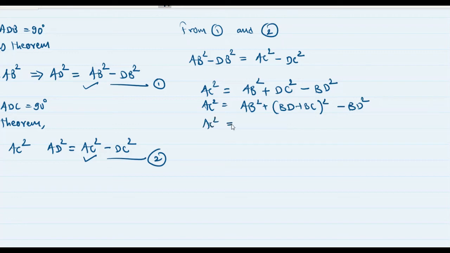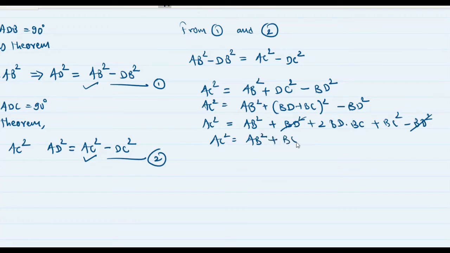So AC square is equal to AB square plus BD square plus 2BD into BC plus BC square minus BD square. So minus BD square plus BD square will cancel, and AC square is equal to AB square plus BC square plus 2BD into BC.